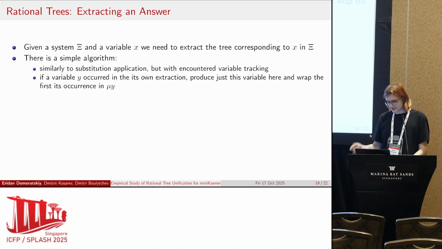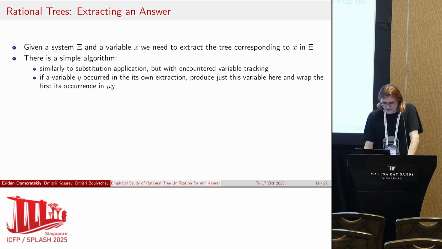On the second occurrence we just return x, the variable, and on the first occurrence we wrap it in a mu binder.